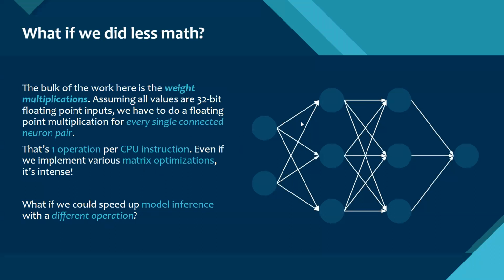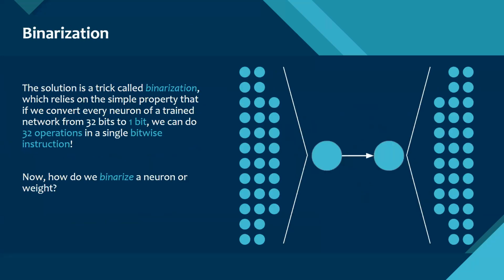So every single connected neuron is going to get a floating point multiplication, which is not great. What can we do to correct this? What we're going to do is convert everything to a bit level, binarization, basically. The important thing is this process of binarization, we do it on a trained network already.